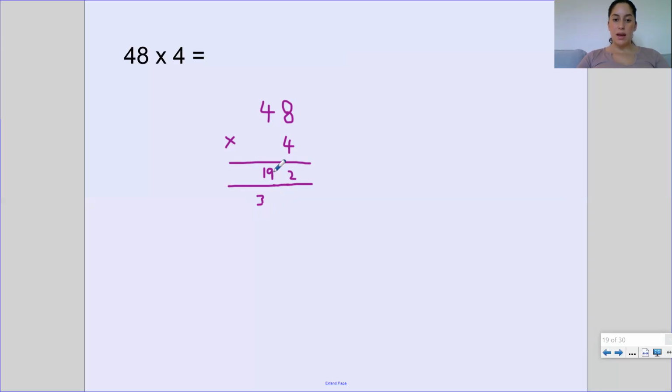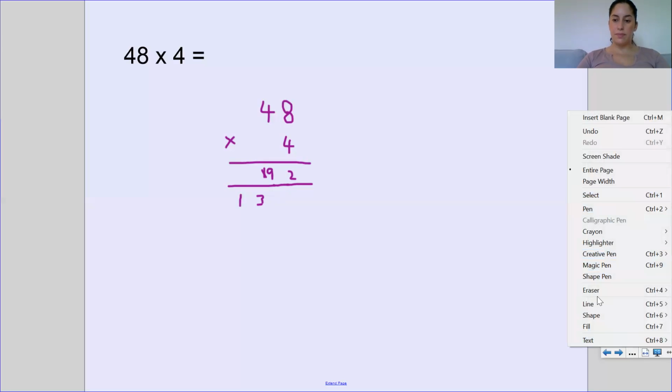So I can keep the 9 in the tens column and exchange the 1, which would represent 100 because we're talking about 19 tens because it's in the tens column. And 19 tens is 190. So I've kept the 9 tens or the 90 in the tens column, and the 100 has been exchanged into the hundreds column.